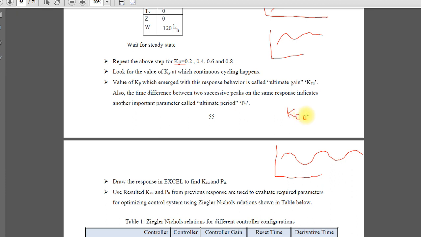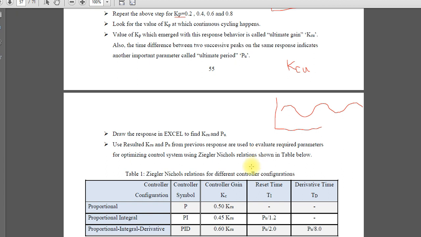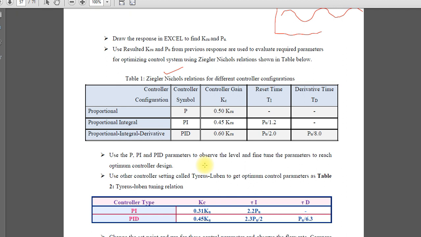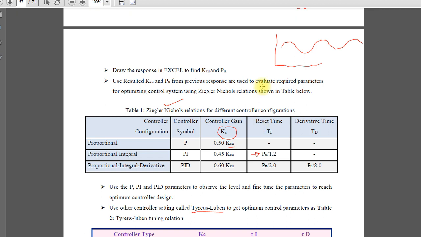Okay, and those calculations suggested by Ziegler-Nichols and Tyreus-Luyben are based on the value of Kcu, the ultimate gain, and the Pu. What is Pu? Pu is the time period.